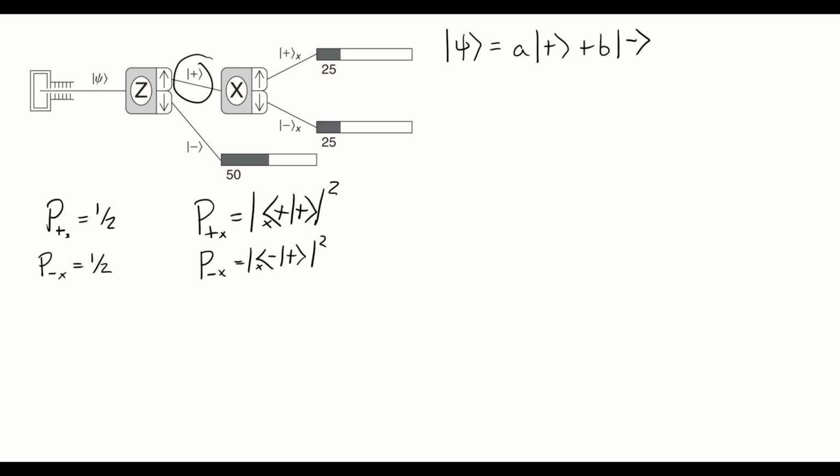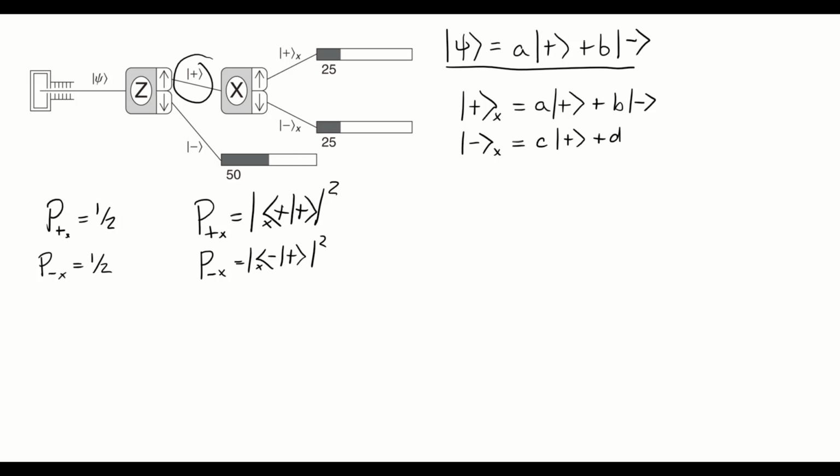So that means, just in general, for our spin up in the x direction, there is some coefficient a and some coefficient b such that this is true. Likewise, for spin down in the x direction, there are going to be some coefficients that make this true, because I can write any vector in my Hilbert space as a linear combination of my spin up and spin down in the z direction states. They form a basis.